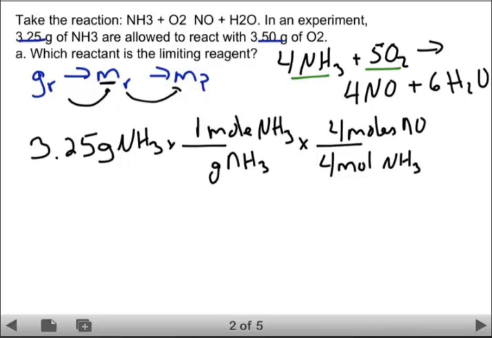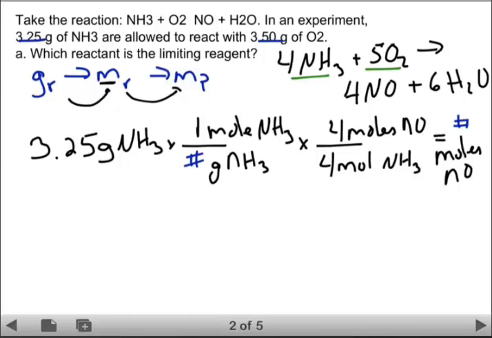You can choose which product you want to do. Just make sure that when you're comparing both reactants, you use the same product. That will give you moles of some product. So I'll say moles of NO. Okay, so you could do that math. So all you'd have to do is fill in a number here from the periodic table, and then you'll get some number of moles of NO.